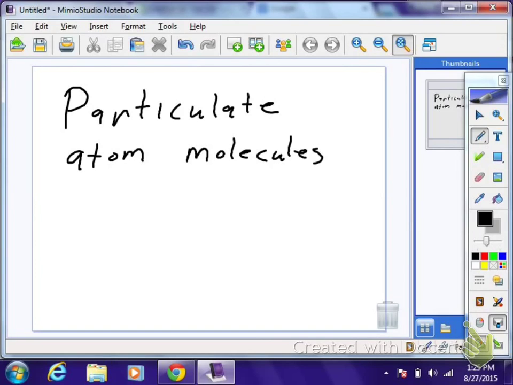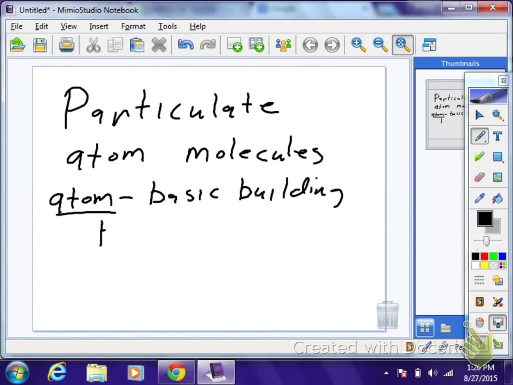And we can do drawings of those to represent those particulates and what they are. So we have atom. That's our basic building block of all matter. That's where we want to start.